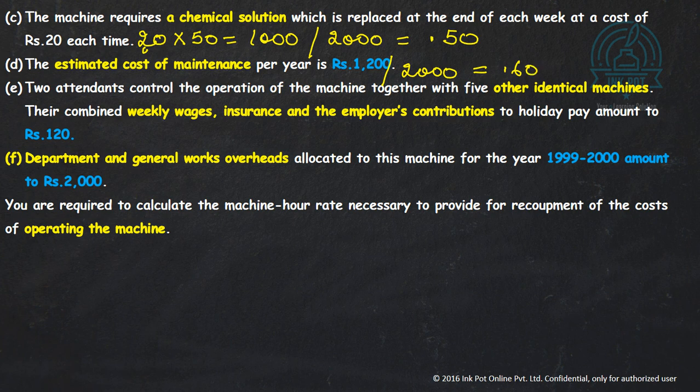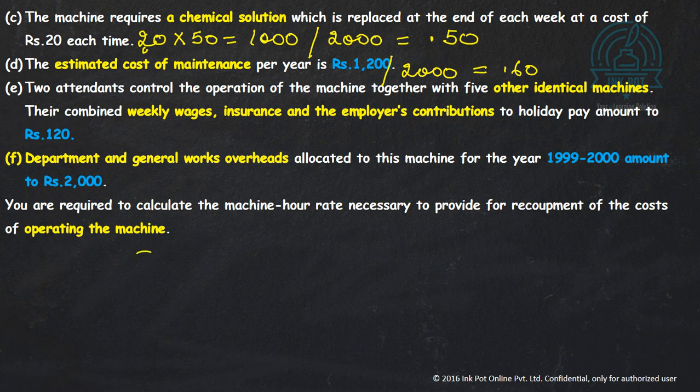Now, 2 attendants control the operation of the machine together with 5 other identical machines. That means the total number of machines is 6. Their combined weekly wages, which include their insurance, employer's contribution, holiday pay, everything, amount to rupees 120. So this is their weekly wages, 120.